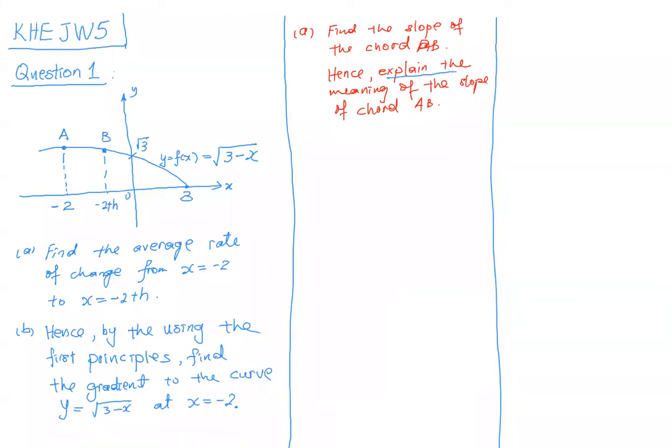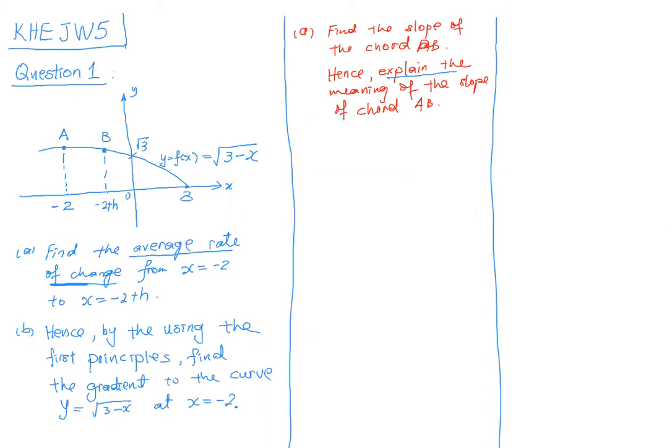And if you don't know that the slope of the chord is the average rate of change, then you also don't know how to find the answer for A. Nicholas, can you tell me how to find the slope of a chord? Through gradient. Gradient of what? Gradient of a straight line, correct? Yes, y2 minus y1. So that's why when you learn something, you have to link.